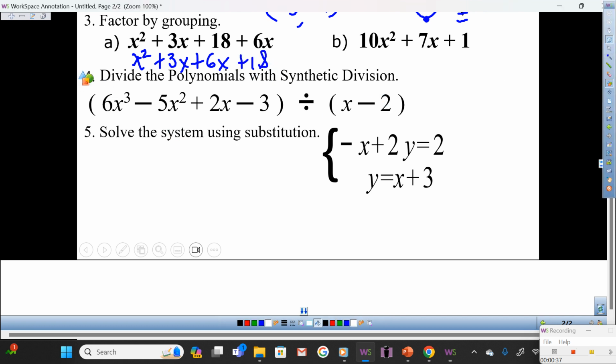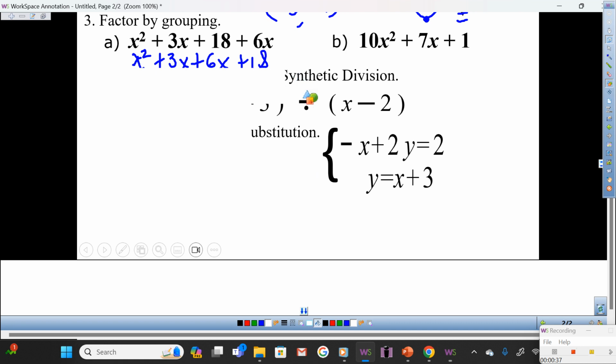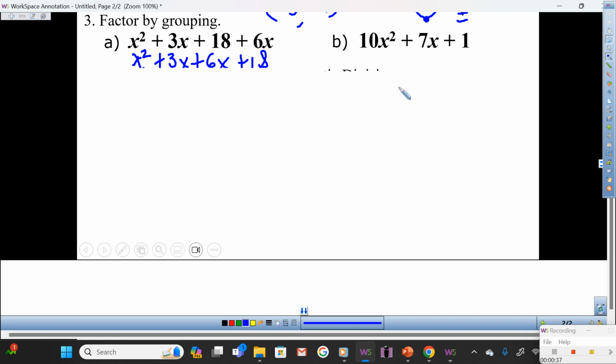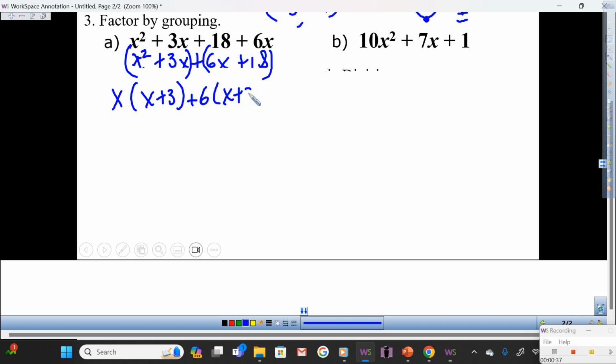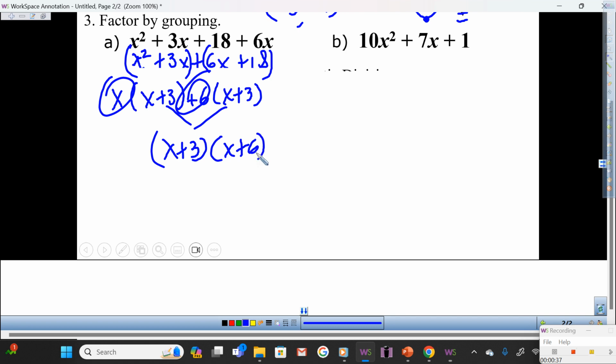That's the first thing you should have done. And then group. First 2, second 2. GCF for the first 2 is x. We're left with x plus 3. GCF for the second 2 is 6. We're left with x plus 3. So my factors are x plus 3 and x plus 6. Hands if you got that.